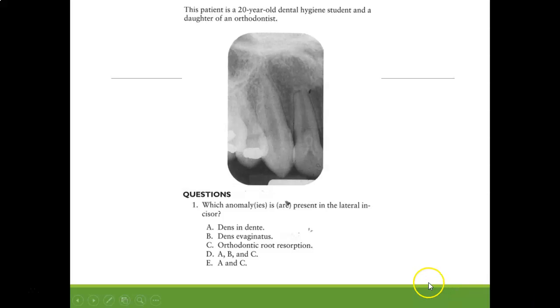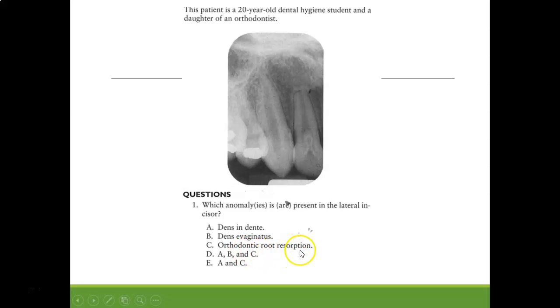So here's a question for you. This patient is a 20-year-old dental hygiene student and a daughter of an orthodontist. Which anomaly or anomalies is or are present in the lateral incisor? So here's the lateral incisor. A, dens in dente. B, dens evaginatus.